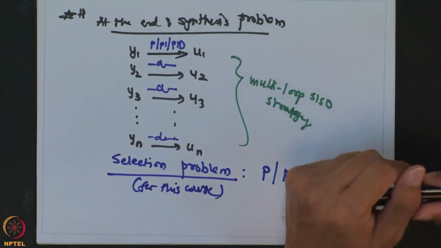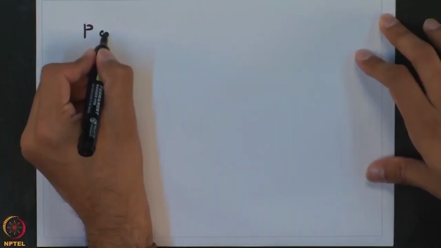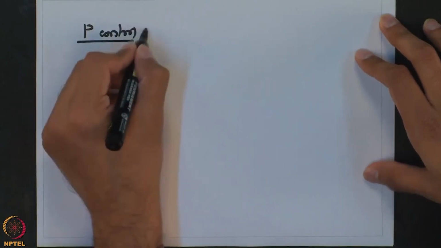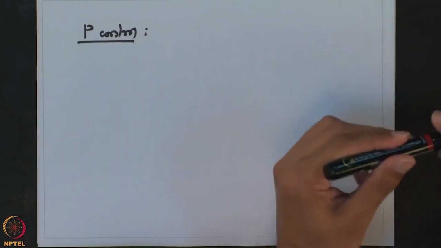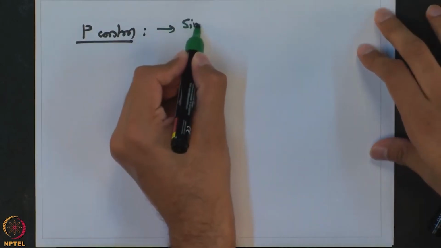In order to answer this question, we have to use some rules of thumb, which are based on some analysis which we have already done when we talked about the performance of the PID controller. So let us look at all these controllers, and that will help us formulate this rule of thumb strategy. When you say P control, or proportional control, the main advantage is it's very simple.